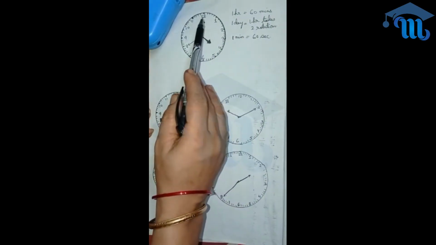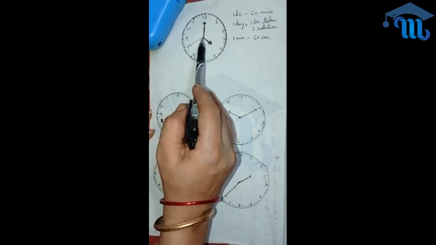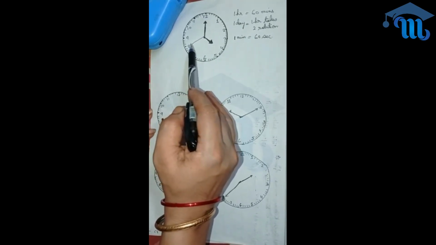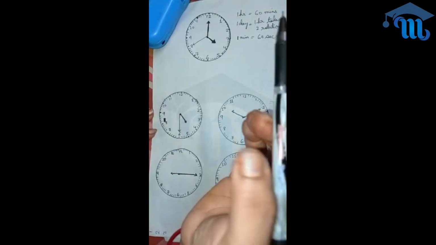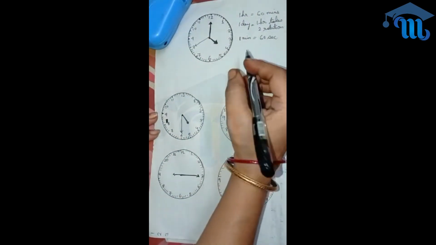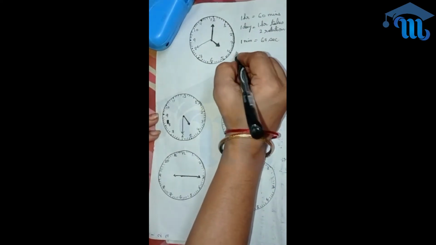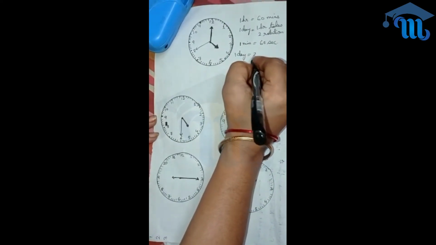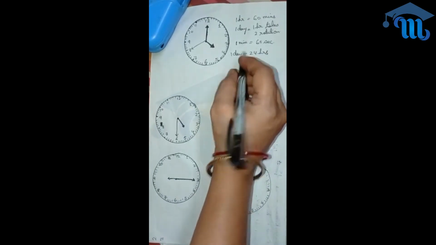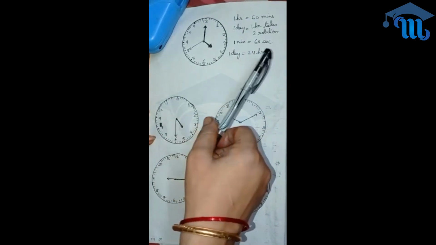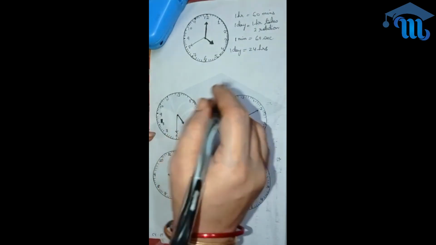In every 1 minute, the second hand completes one rotation of the clock. So remember children, 1 day is equal to 24 hours, 1 hour is equal to 60 minutes, 1 minute is equal to 60 seconds.